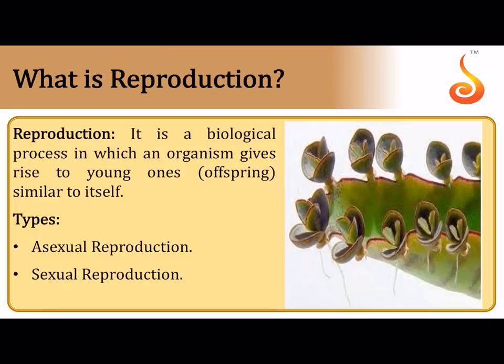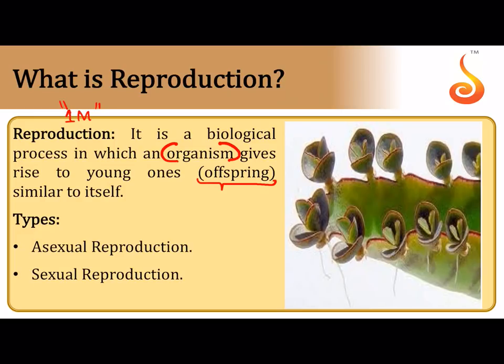Now moving on to what is the meaning of reproduction. Again, this is a very important 1 mark definition question in your PU exam. Reproduction can be defined as a biological process in which an organism gives rise to young ones similar to itself. When an organism reproduces, it produces a group of organisms called offspring.